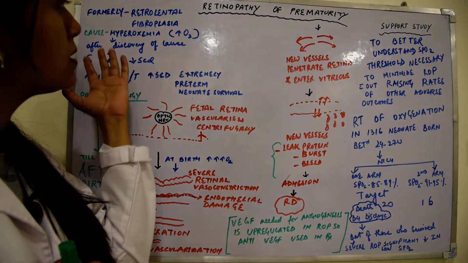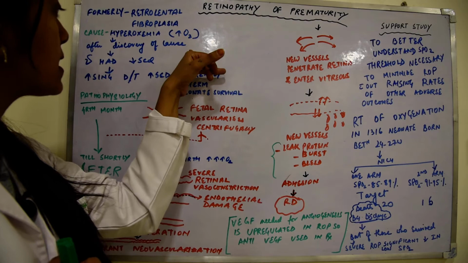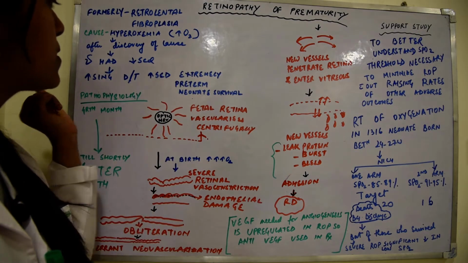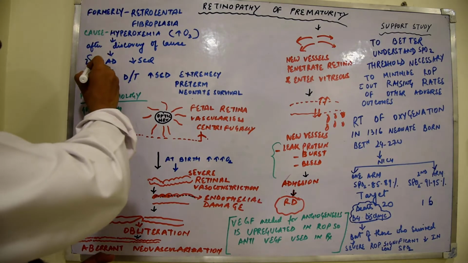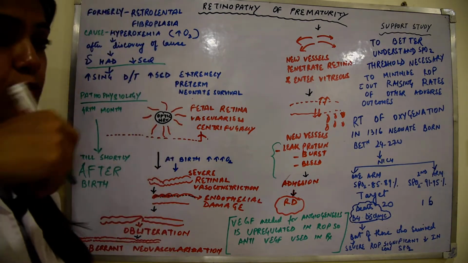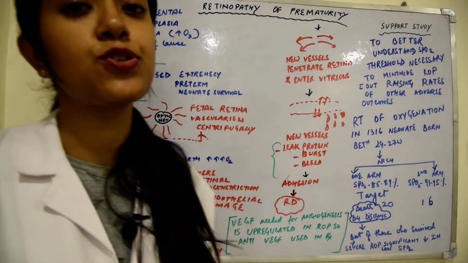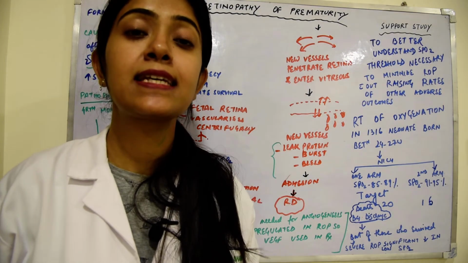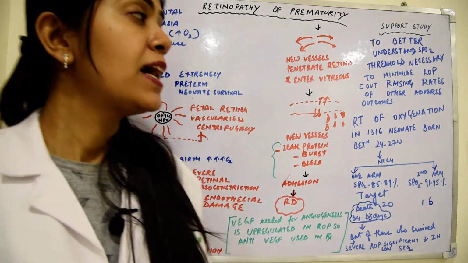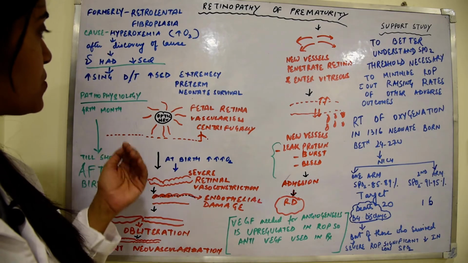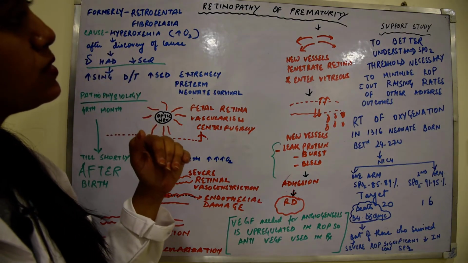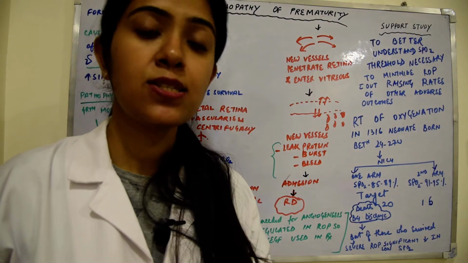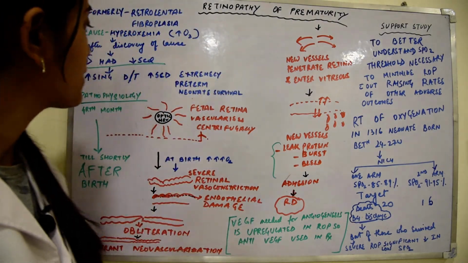And after the cause was discovered, there was a decrease in the frequency of this particular disease. But now, since the survival rates of extremely preterm neonates have improved, it is for this reason that the frequency of retinopathy of prematurity is also increasing now.